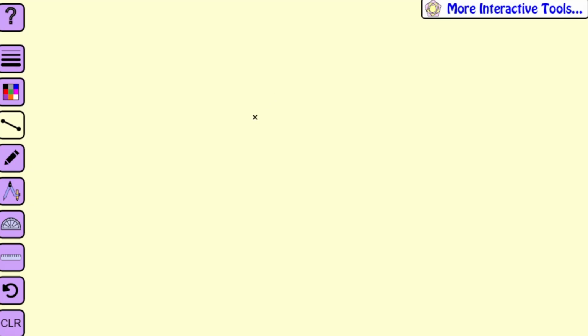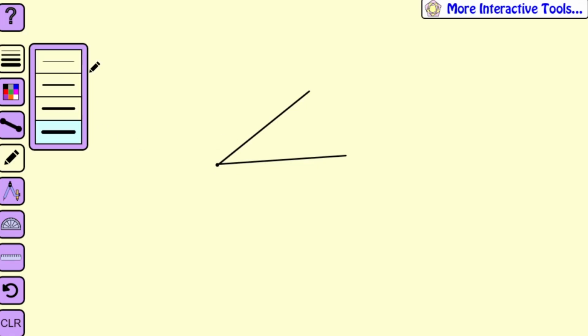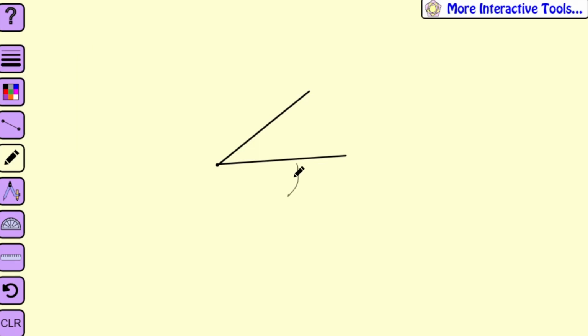What do I mean by that? So line one and line two meet at a point, right? And this point is what we call the vertex. So this is an arm. This is also an arm. When you are drawing your angles and you're labeling, you need to label these as your arms.